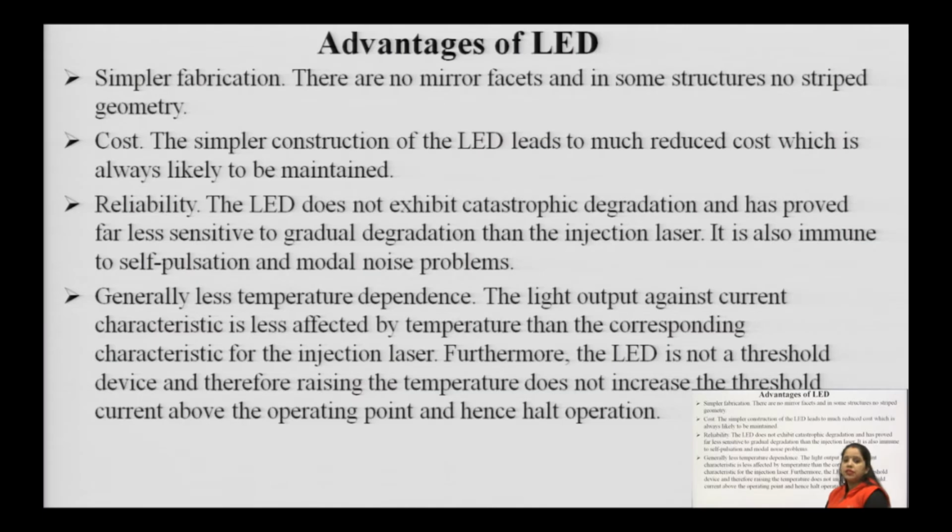The advantages of LEDs: its fabrication is simpler, because there is no mirror facet, which exists in the case of a laser. A laser has a mirror facet for its application, whereas the LED has a simpler fabrication.